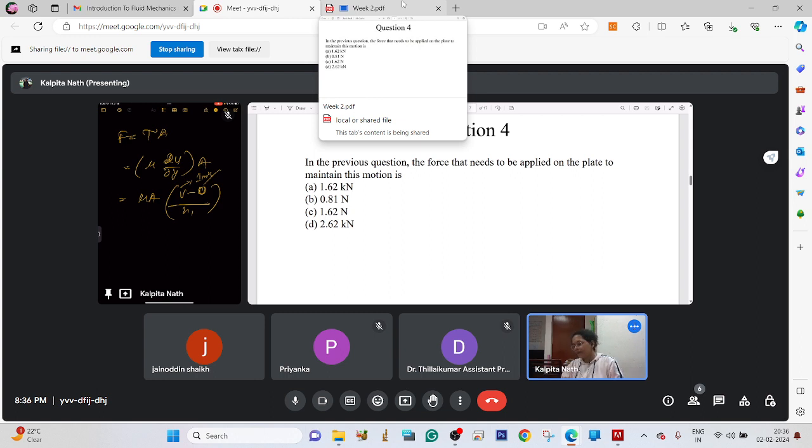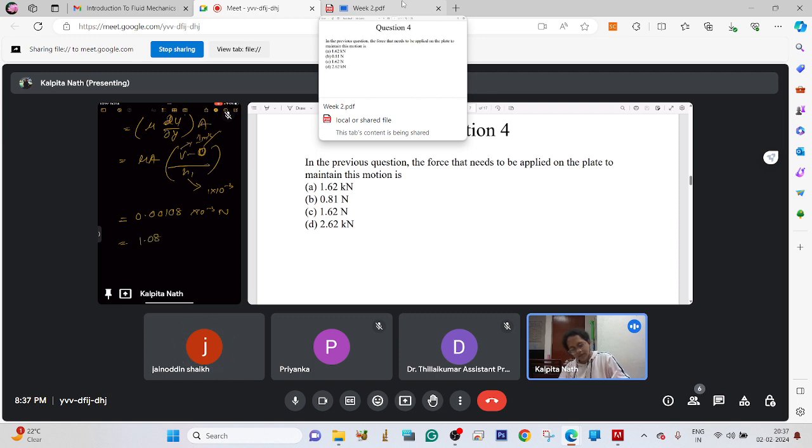And h1 is 1 into 10 to the power minus 3 meter, because this is 1 mm. So this will be 0.00108 into 10 to the power 3, so this will be 1.08 Newton, not kilo. This is Newton.